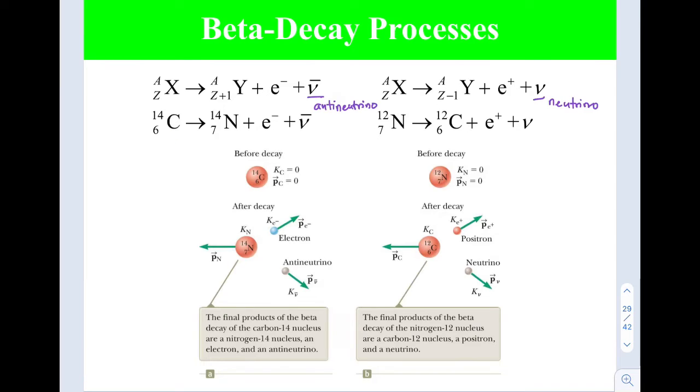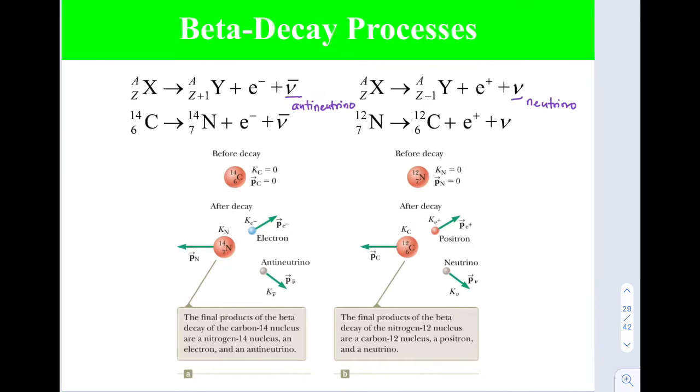For example, carbon 14 decays to become nitrogen 14 plus a negatron followed by an antineutrino. From here, the conservation of energy and the conservation of angular momentum are fulfilled. The same goes for nitrogen 12, which decays to become carbon 12 plus a positron followed by a neutrino. In terms of a schematic diagram of visualization, this is the way it happens.